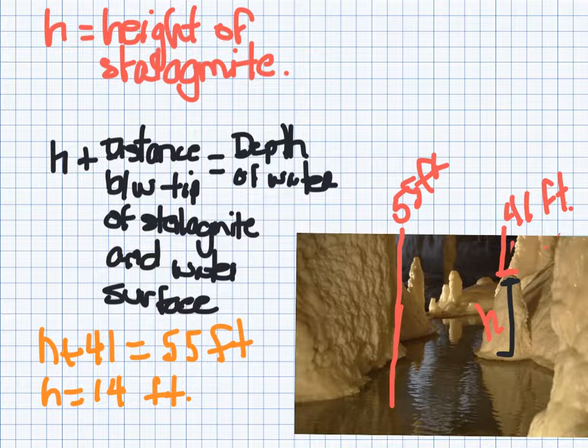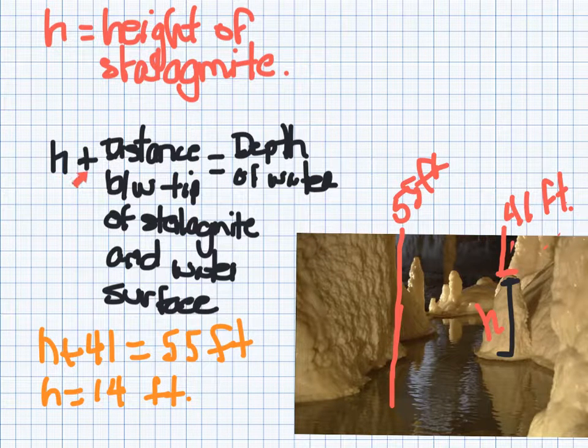So let's go back and talk about the cave. I couldn't find an exact picture that would match the one in the book on page 317, but we can just use this one and pretend. We're going to use h to represent the height of the stalagmite, and our equation is going to be h plus distance.